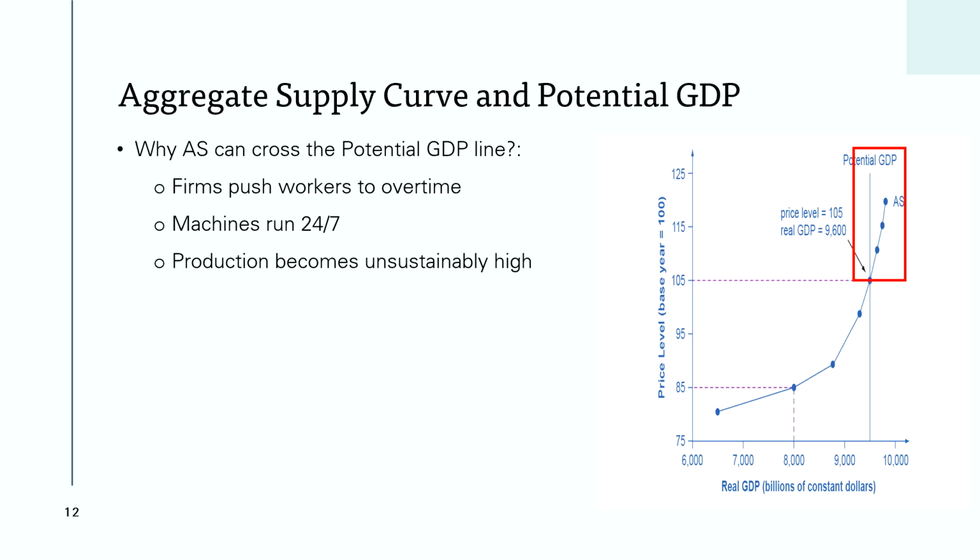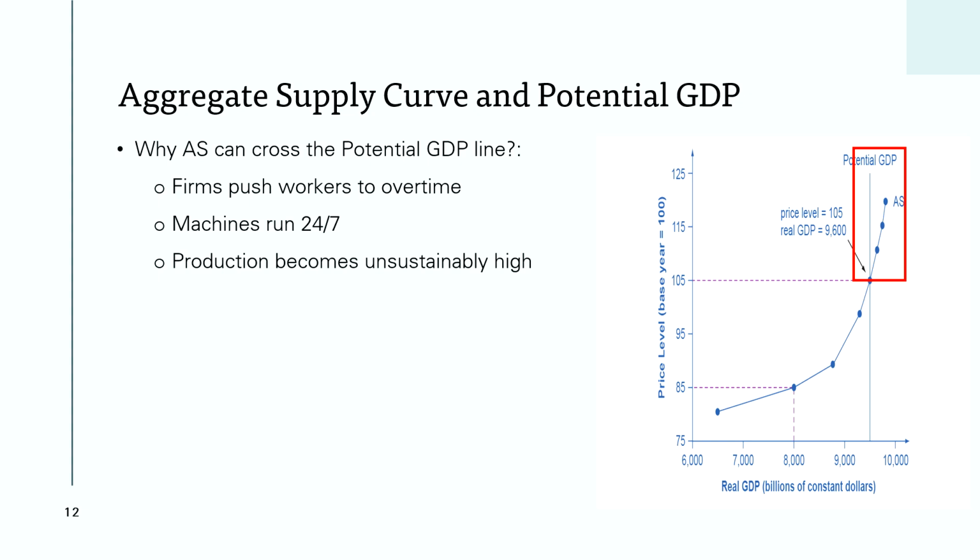In the short run, the economy can produce slightly above potential GDP, but only temporarily. This happens when firms push workers into overtime and machines run extra shifts or operate continuously. Businesses stretch their resources to meet unusually high demand.